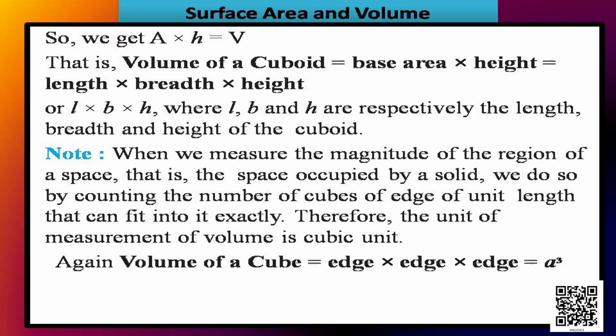Students, when we measure the magnitude of the region of a space, that is the space occupied by a solid, we do so by counting the number of cubes of edge of unit length that can fit into it exactly. Therefore, the unit of measurement of volume is cubic unit.